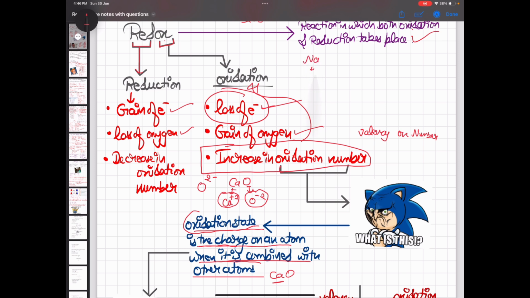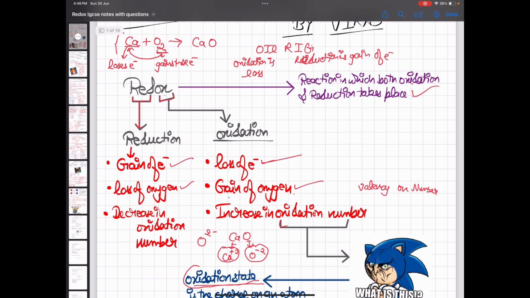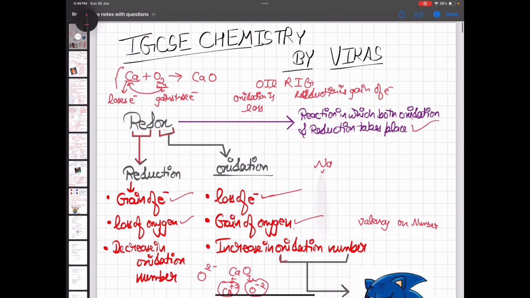Na is going from 0 to +1. We are saying this is loss of electrons, but this is also an increase in oxidation number, isn't it? Right? So that is why increase in oxidation number is also oxidation.